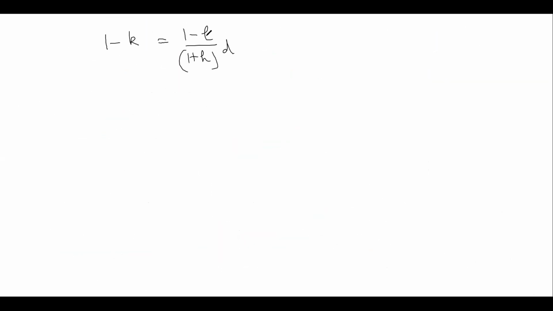So if now K goes to 0, it means this quantity goes to 1. Remember, L is in between 0 and 1, and H is strictly positive. So what do we get for L and H?